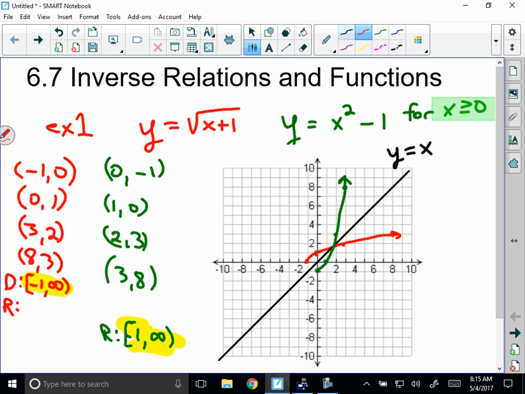All right. The range of the red function goes for... Anybody know what the range of the red function is? It goes from what to what? 0, and it doesn't look like it gets that far up, but it will. It just takes a while to get there. It goes all the way up to infinity, and we do include 0. So guess what the domain of the green function is? 0 to infinity.